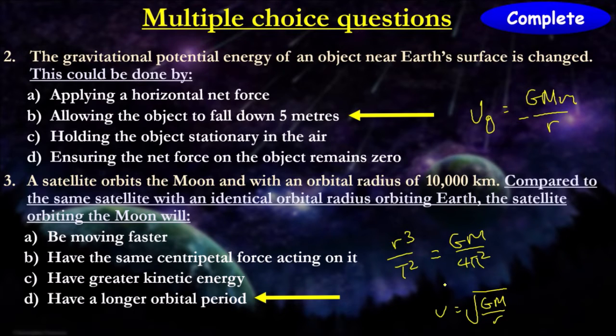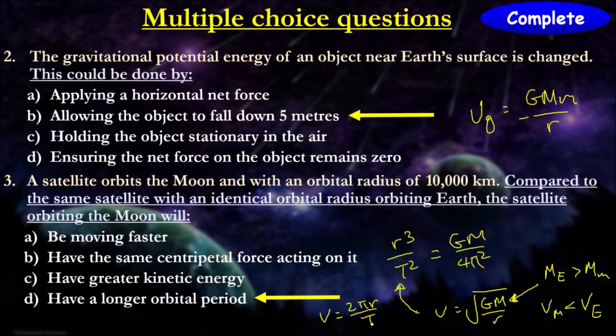However, what we can see is if the moon has a lower mass than Earth, so the mass of Earth is bigger than the mass of the moon, then the orbital velocity on the moon is less than the orbital velocity on Earth, which leads to a larger orbital period.